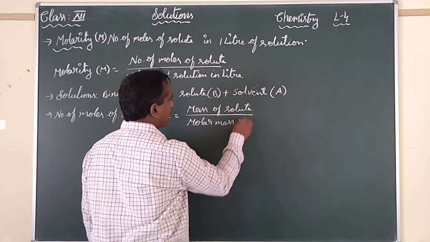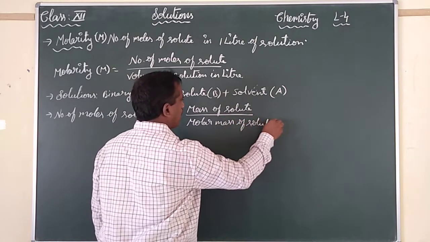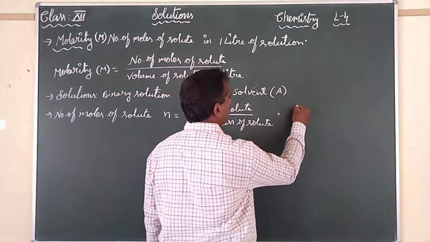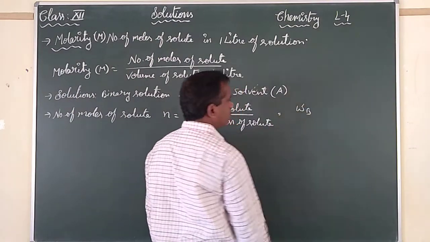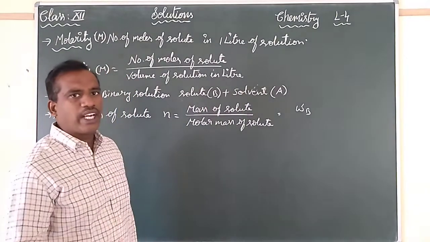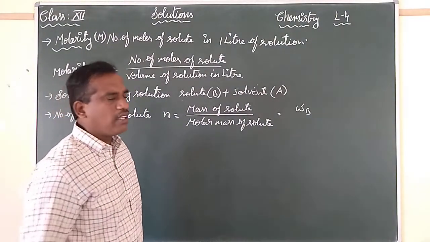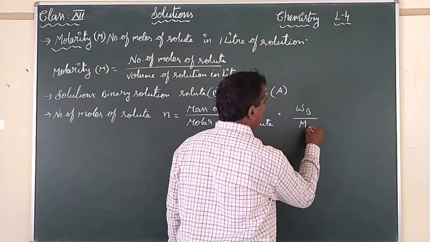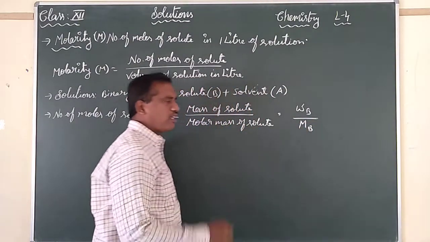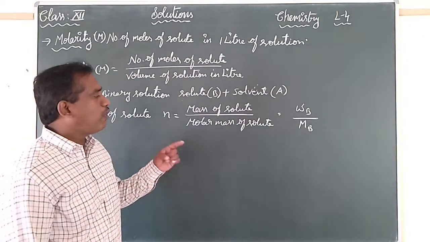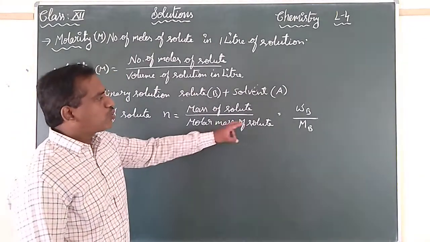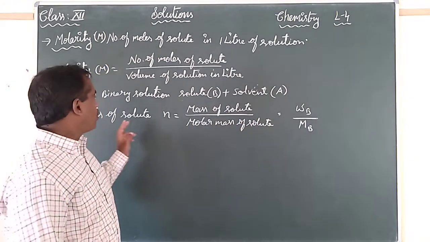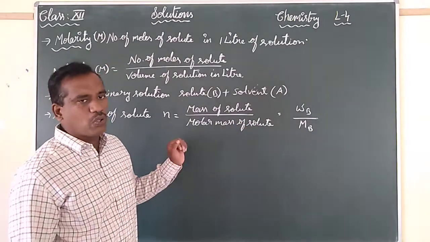The mass of the solute is represented with small w, with subscript B on the right hand side, because mass is the weight we give. Molar mass of the solute is represented with MB, where M stands for molar mass. So these are the two quantities we use to identify the number of moles of the solute.